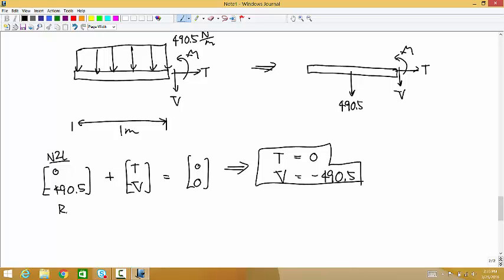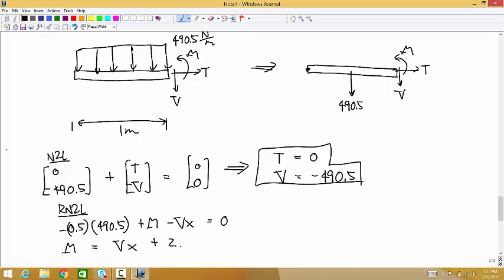And then the bending moment, our about point is here. What's the moment arm for that 490.5? Yep, 0.5 times 490.5, and would that produce clockwise or counterclockwise? Yep, so that's negative. And then we have plus m minus Vx is equal to 0. So m is equal to Vx plus 245.25.